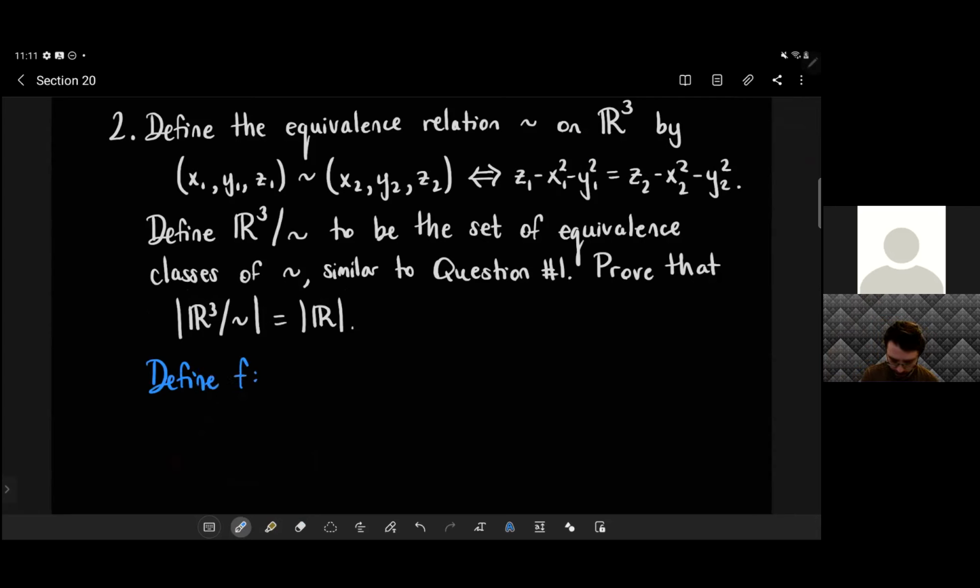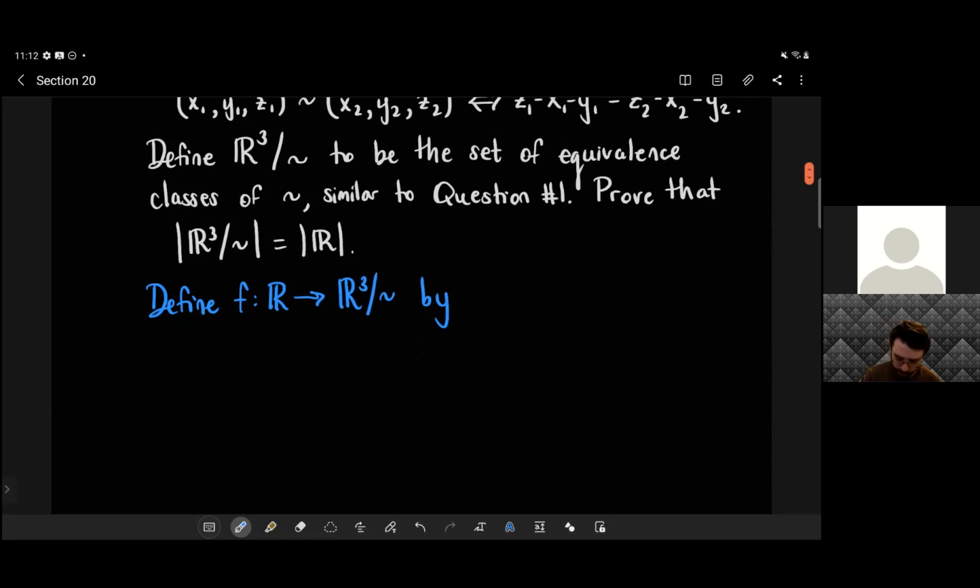F, and maybe this time I will go from R to the set of equivalence classes. Take a minute to think about what you would define this as. Notice this time I am starting with R and going this direction.